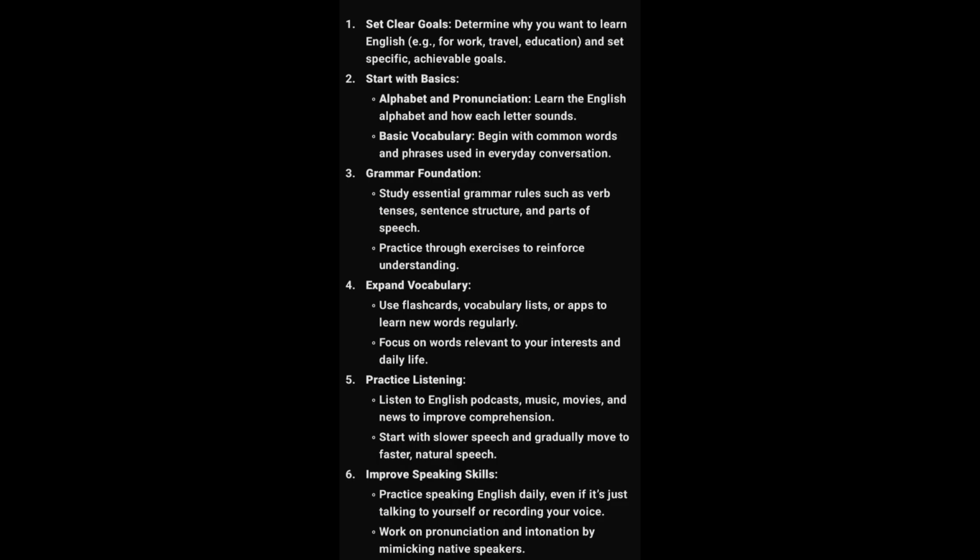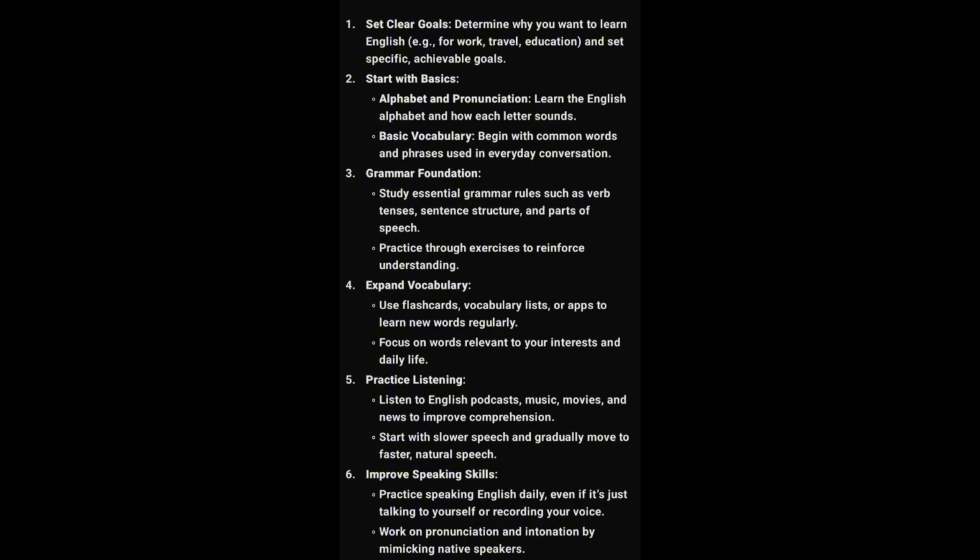You don't need to skip a single day of your practice. At the same time, you have to work on your pronunciation. Try to listen to native speakers, how they are speaking, what kind of voice modulation and intonation they have in their tone, and try to imitate how they are speaking. Right.